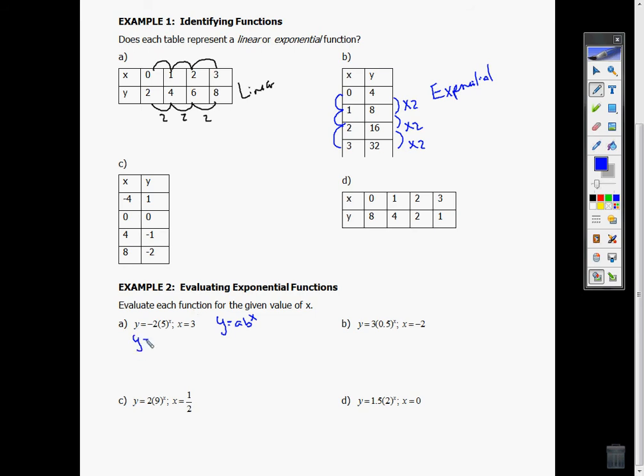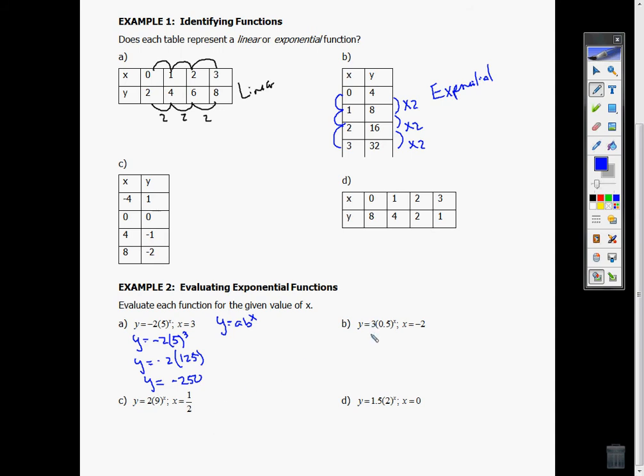Let's rewrite y equals negative 2 times 5 raised to the x, where x is 3. Okay, so all I've done here is substitute the x into the equation. Now I can evaluate. Y equals negative 2 times 5 to the third power, which we've seen a couple times, 125. Now y equals negative 2 times 125. Well, 2 times 125 is 250. Negative 250. Solved.